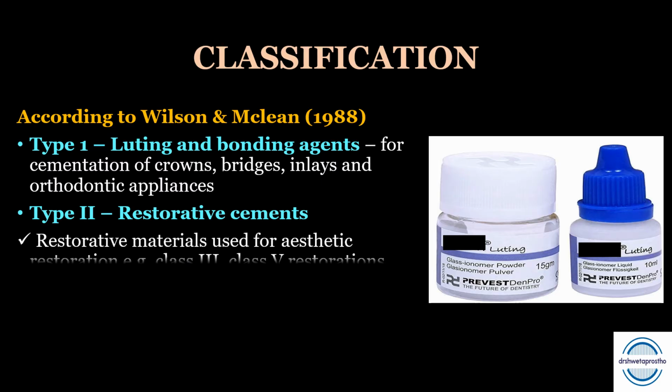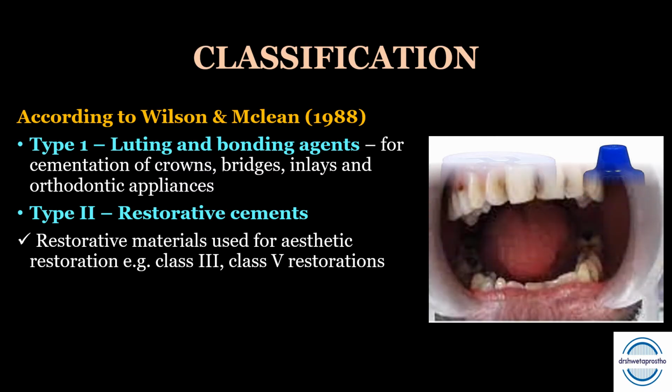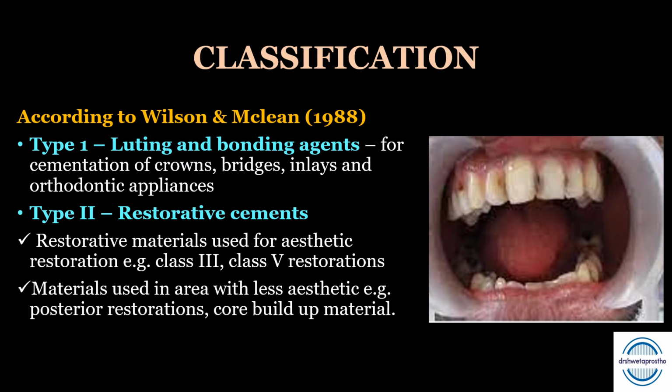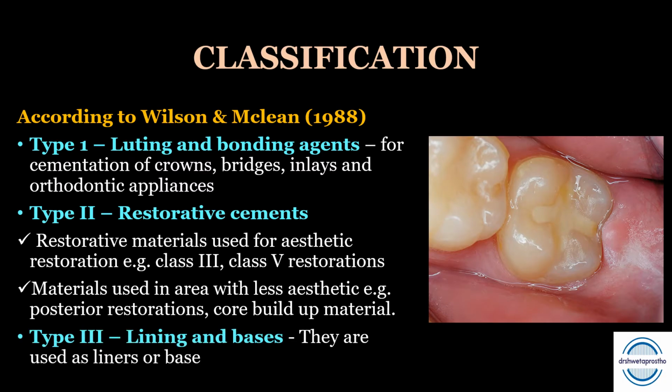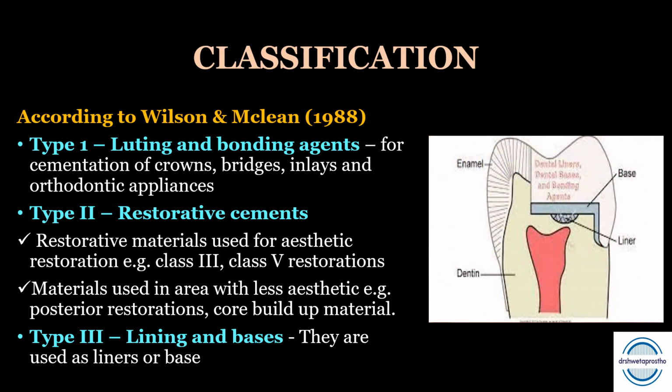As from the name, they are used for restoring in the aesthetic zone, mainly class 3 and class 5 restorations. And in the less aesthetic zone, they are used for posterior restorations or as a core build-up material also. Then type 3 are the lining and base materials. They are mainly used as liners or bases.